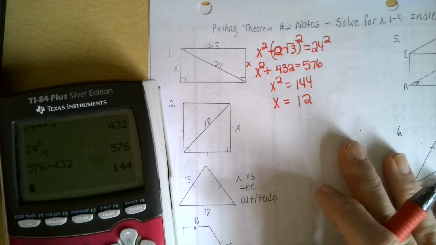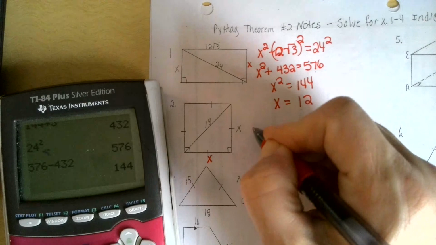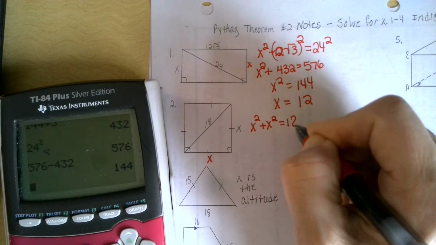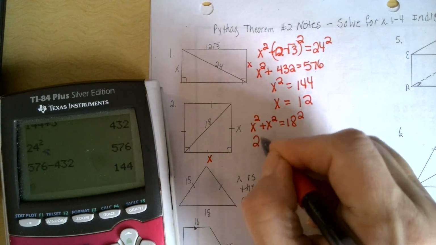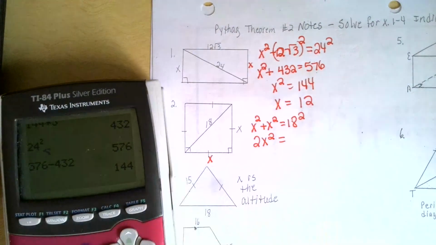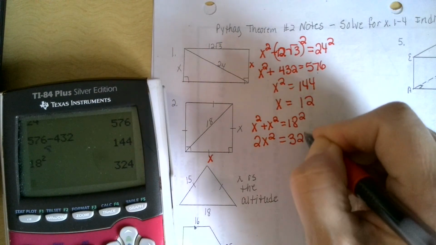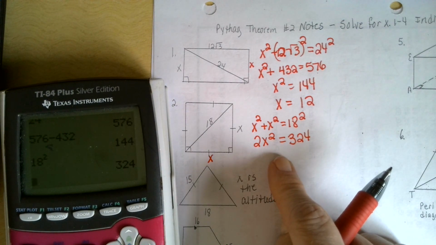All right, number 2. This is a square. So if this is x, this is x. X squared plus x squared equals 18 squared. 1x squared plus 1x squared is 2x squared. And that gives us 324. So on a problem like this, you have to divide by 2 before you take the square root.